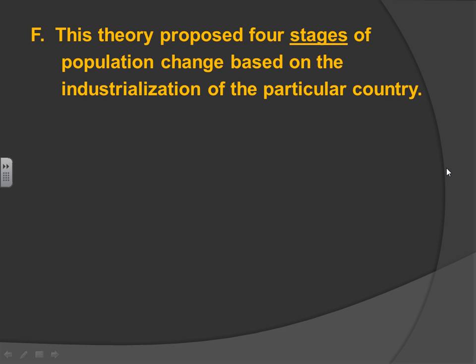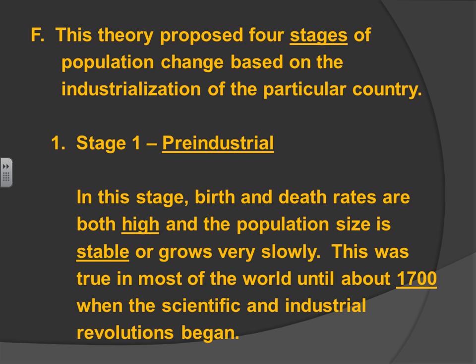F. This theory proposed 4 stages of population change based on the industrialization of that particular country. So the first stage, or stage 1, is pre-industrial. All countries start here. In this stage, birth and death rates are both high, and the population size is stable or grows very slowly.